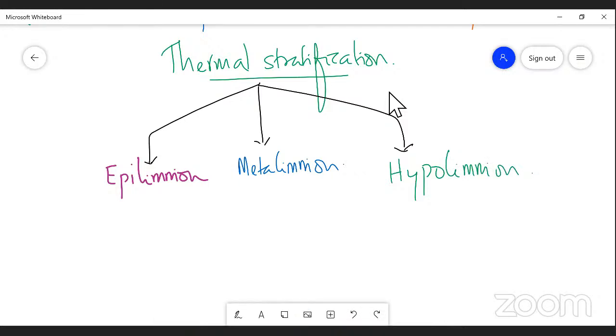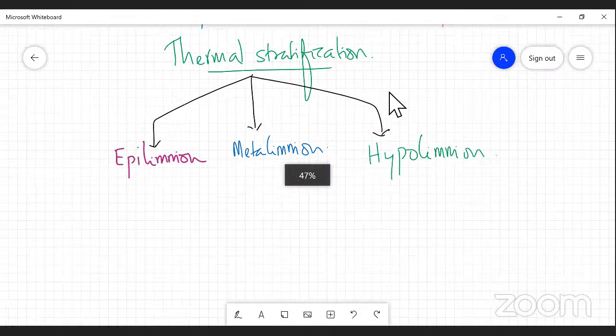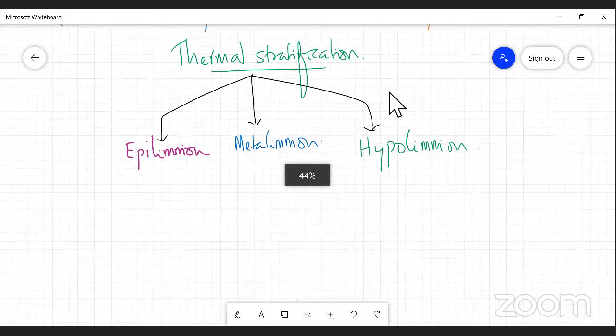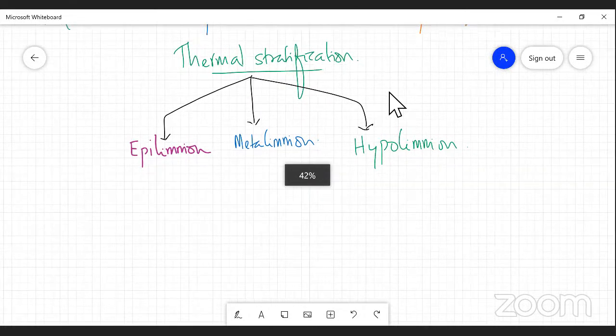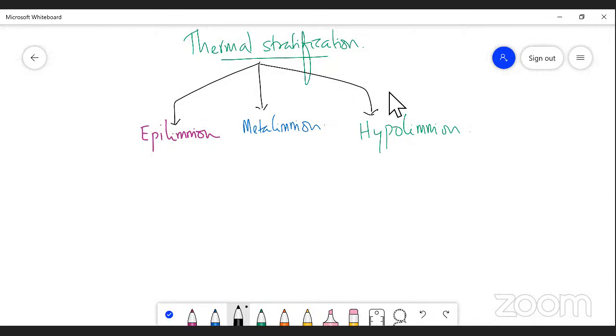Now I'm going to create a pond so that you can understand very clearly. Dear student, now this is a water body, a pond. Just imagine this is a pond where you see the water.